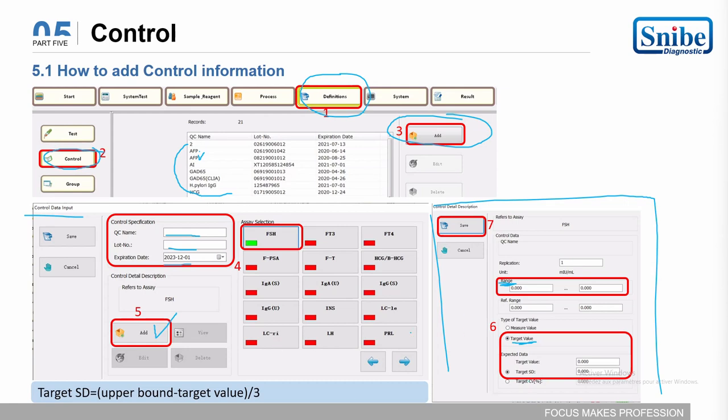The name, the lot number, the range, the target value, the SD and CV, all this information you have in the insert. For the SD, you can calculate it: it is the upper band minus the target value, divided by 3. So the upper band minus the target value you get from the insert, divided by 3, is the target SD.